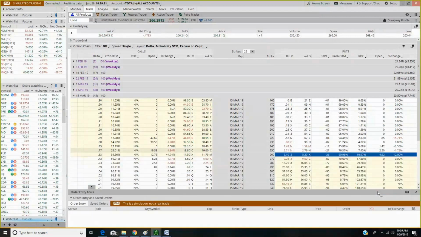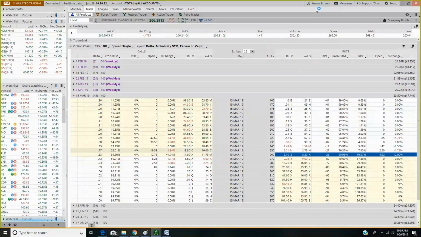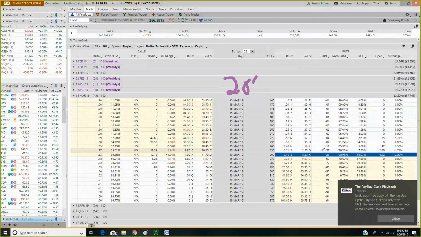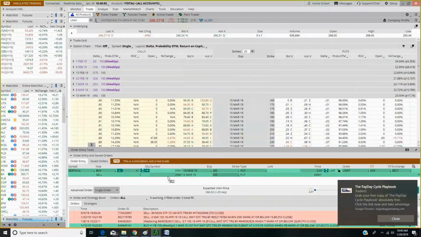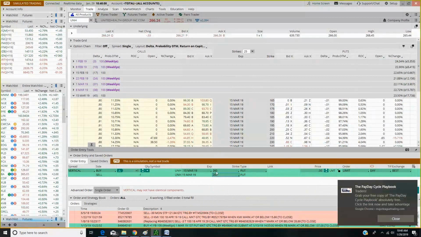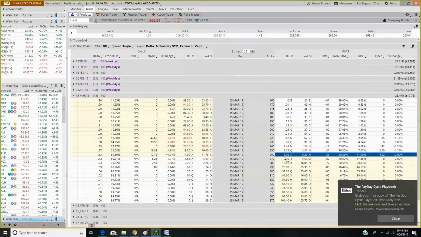$10 wide. Credit. My bad. Other way. Sorry. I want the stock to go down, not going up. So the 260, so you're going to buy the vertical. I did everything right, just the one leg. So you're going to sell the 260, and then it's going to show red, right? But since we want it to go down, we're now going to do the first strike in the money.